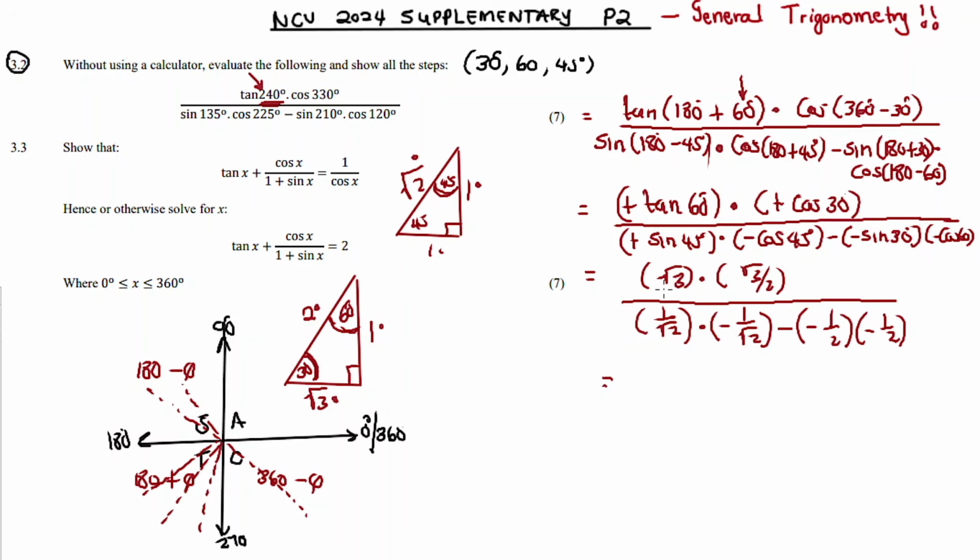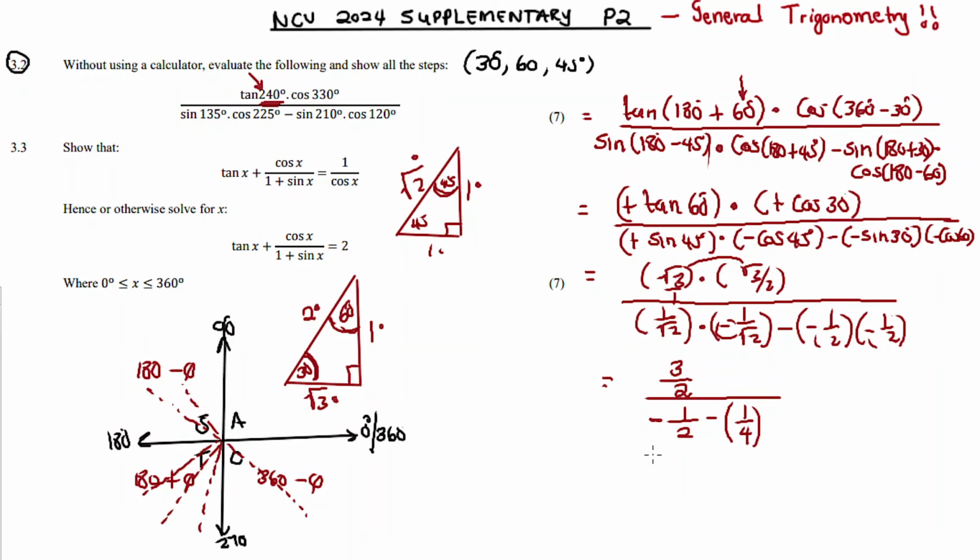Okay, so multiplying this, divide this by 1, square root 3 times square root 3, that's 3 over 1 times 2, that's going to be a 2, divided by 1 times 1, it's 1, square root 2 times square root 2, that's a 2, but don't forget the negative here, so just put it here, and then it's going to be a minus open bracket, this negative times that negative, it's a positive, 1 times 1, that's 1, and then this times this gives us what? 4, gives us 4.